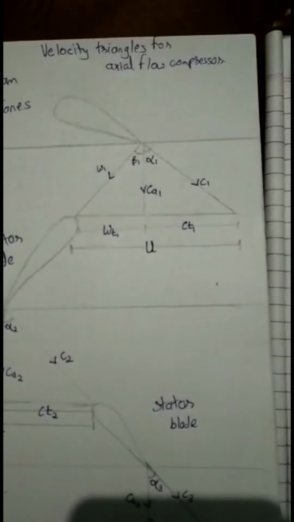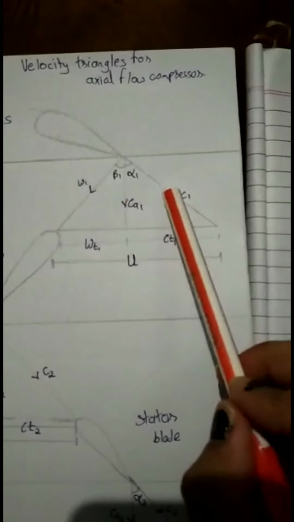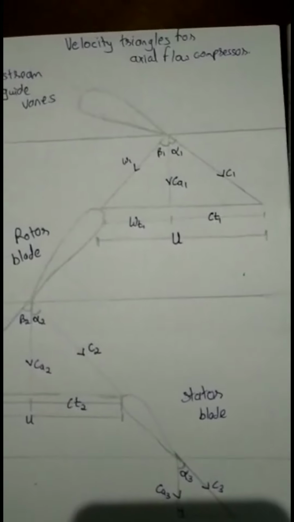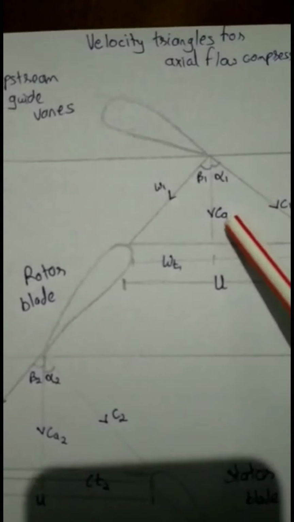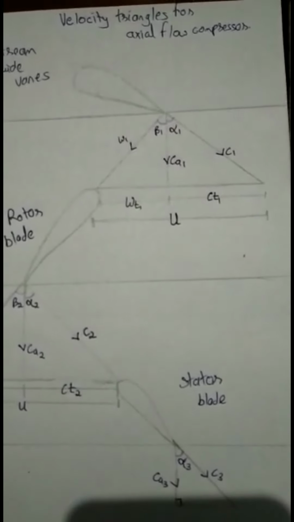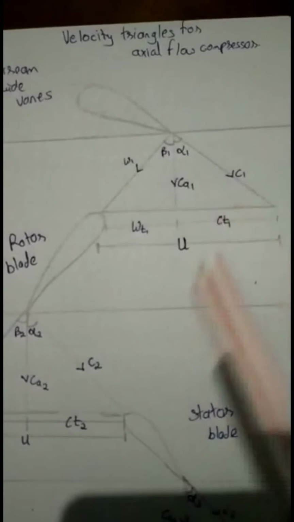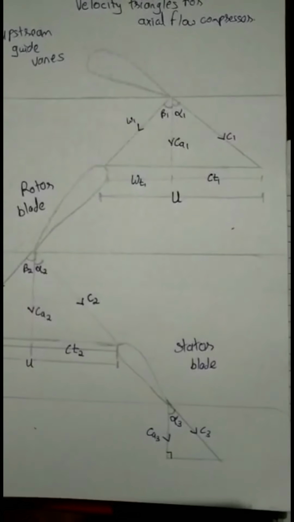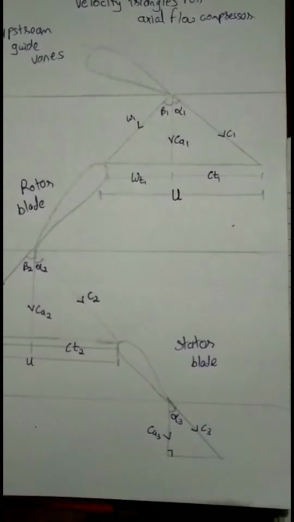Now in order to denote the angle, let's divide C1 into two components, the flow component of axial fluid velocity as CA1. The angle made by C1 and CA1 is alpha 1, which is also known as the absolute air angle. Similarly, the angle between the relative air velocity and the axial velocity is beta 1.